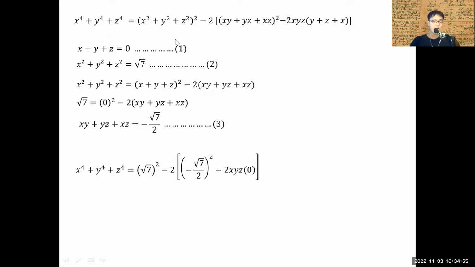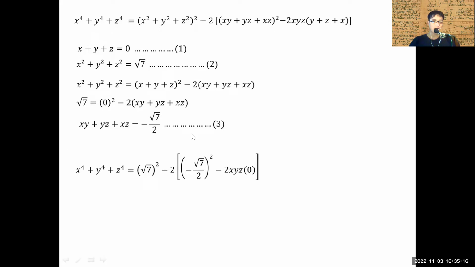If you look very carefully, this chunk, x squared plus y squared plus z squared, is what we have here, the square root of 7. So the square root of 7 squared will be here. Minus 2 stays minus 2, then (xy plus yz plus xz) squared.